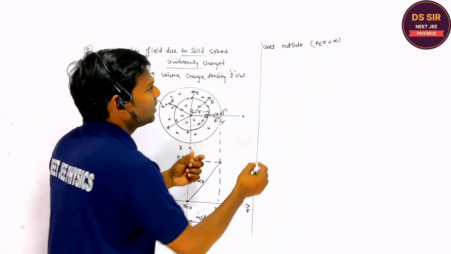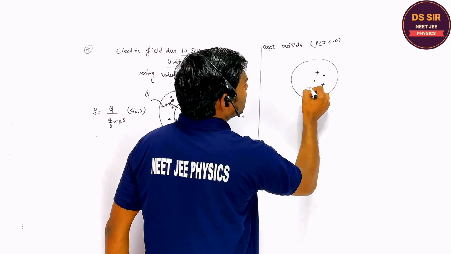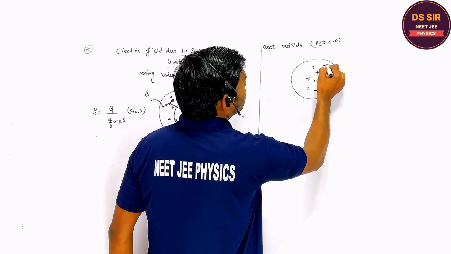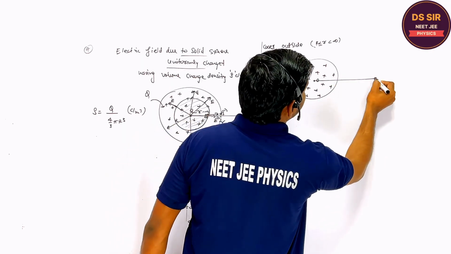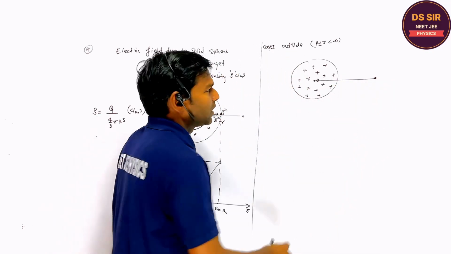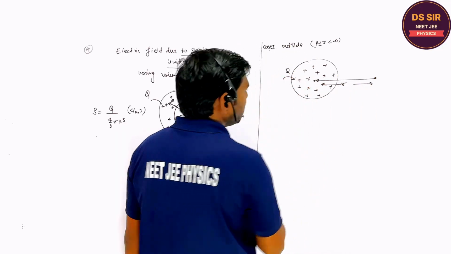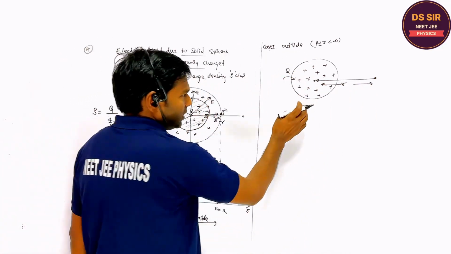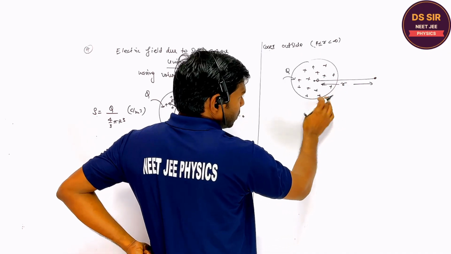So I'm making the figure at this point. Here, this is the uniformly charged sphere. The center of the sphere is O. All right. And this is the point P. Right. So this is the distance r. This is the total charge capital Q.